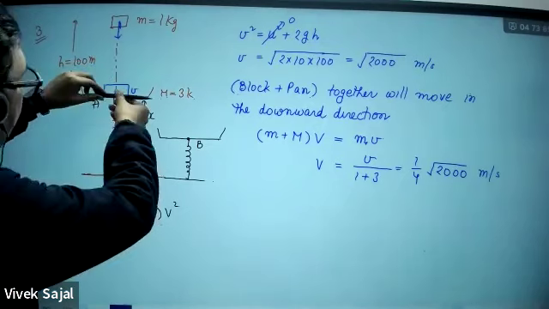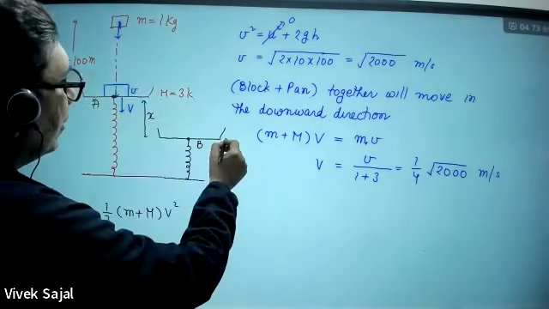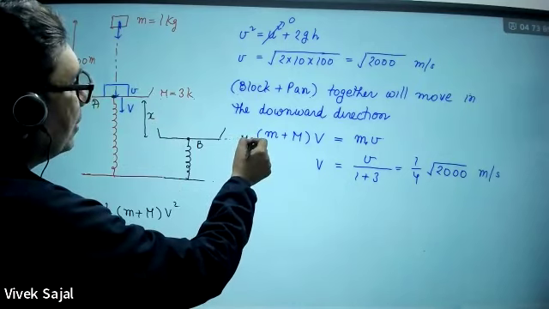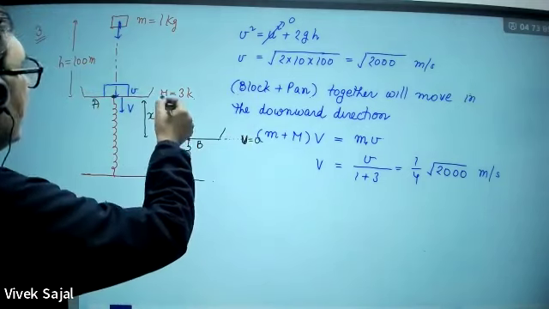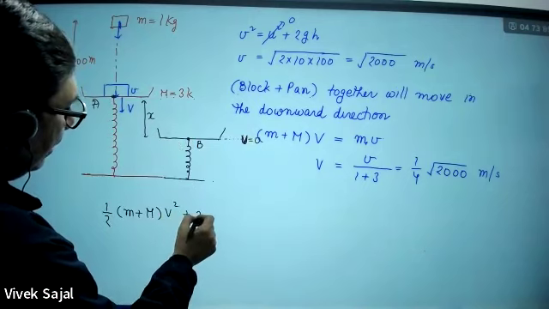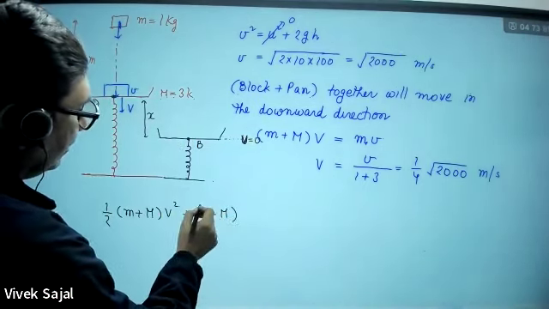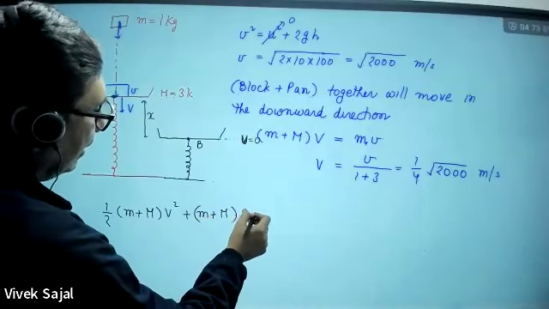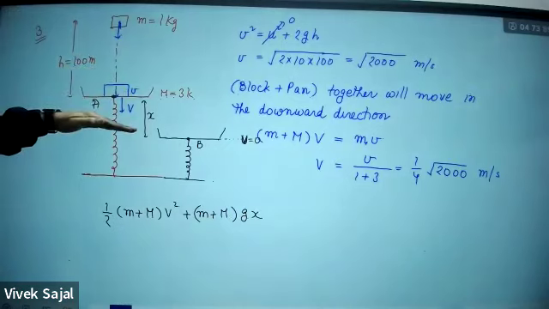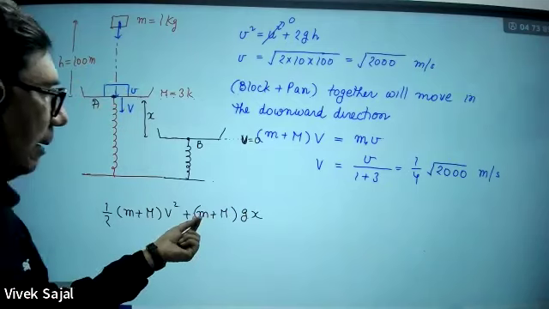Try to understand here, this block plus pan is at a height of x with respect to this position. So I am assuming potential energy is 0 there. What will be the gravitational potential energy at a height of x? That will be plus (m plus m)gx, not h, because here the position is x distance in the upward direction, so the relative change in potential energy is (m plus m)gx.